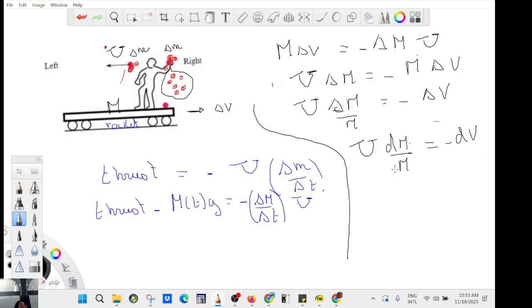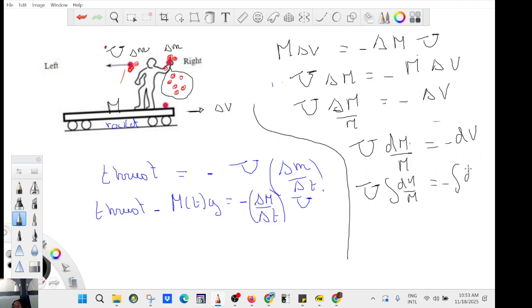What is it that you want to do now that you have a derivative? I want to find an equation for the speed of the rocket. Integrate, very good. We have to undo the derivative. And when you integrate 1 over x, what do you get? ln.